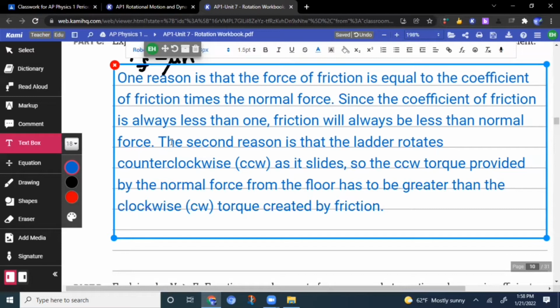Okay, so we're using rotation as an example too to describe this.